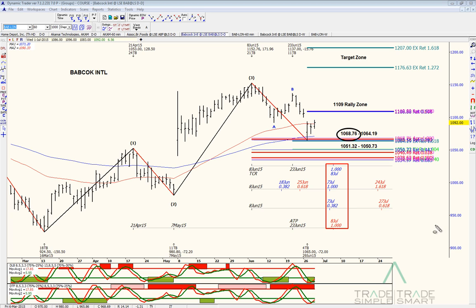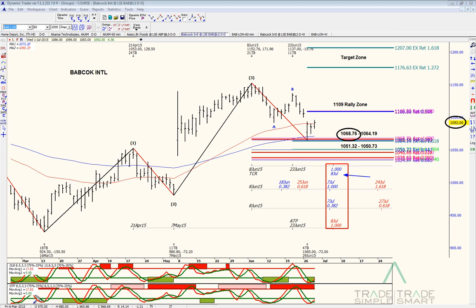Okay, so in terms of Babcock, we had the reversal take place at our first zone of 1068. The market is currently trading at 1092, so we have seen a significant rally. In my opinion, the ABCD correction isn't over. I believe we probably move down into the 1051 zone, which will coincide with the date of around the 7th to 8th of July.